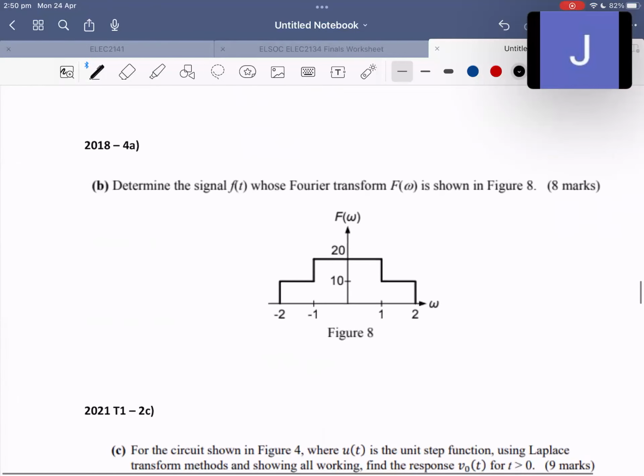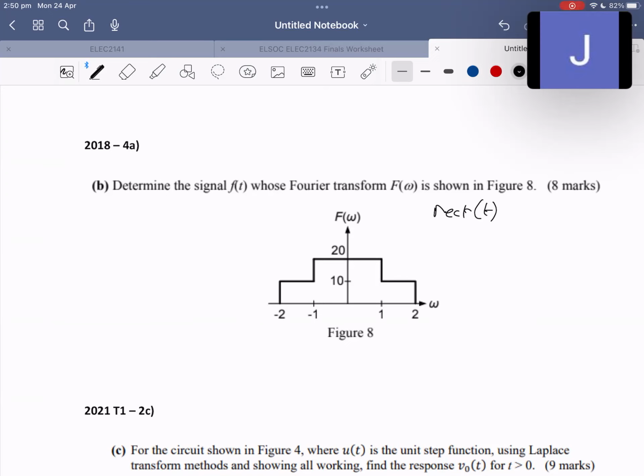Okay, so we've got another Fourier transform question. Determine a signal f(t) whose Fourier transform F(omega) is shown in figure 8. So we've got the sum of two rectangular rect functions. So we've got a sum of two rectangles. There's a couple of ways to do this question.